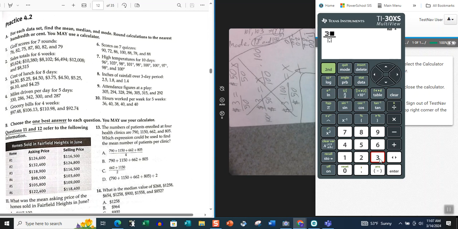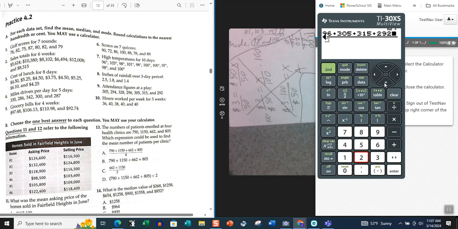So we had 305 plus 294 plus 328 plus 296 plus 305 plus 315 plus 292.